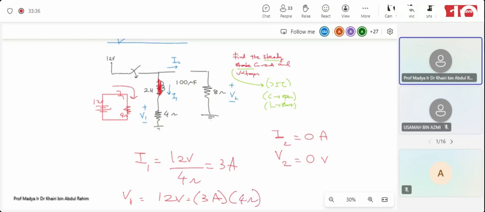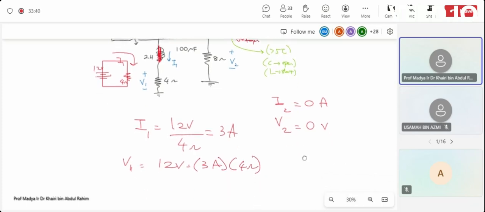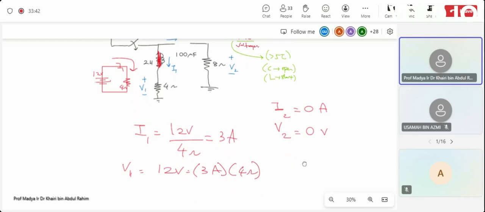Okay, so that's the whole idea of having this circuit. Very important for DC circuits: after a certain time, we have the steady state condition where the capacitor becomes open and the inductor becomes short circuit.